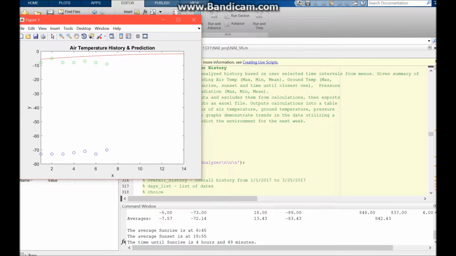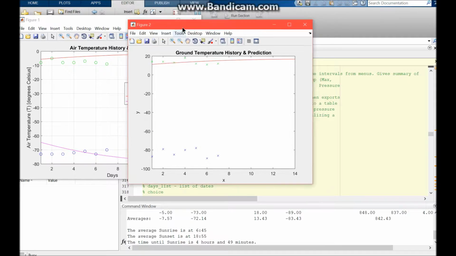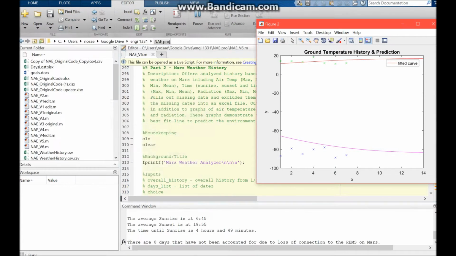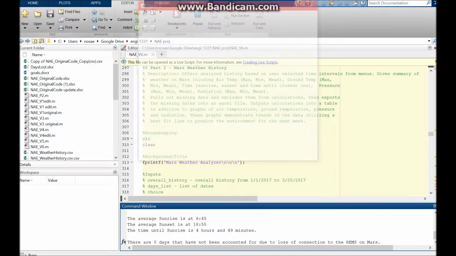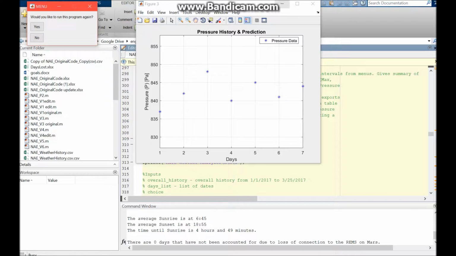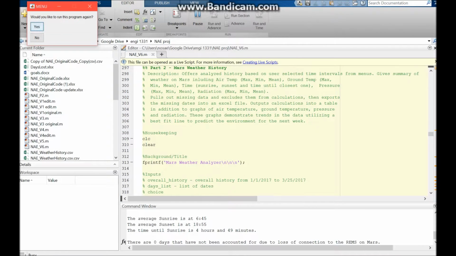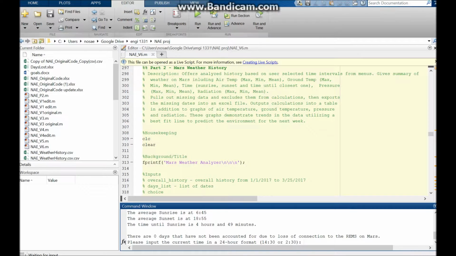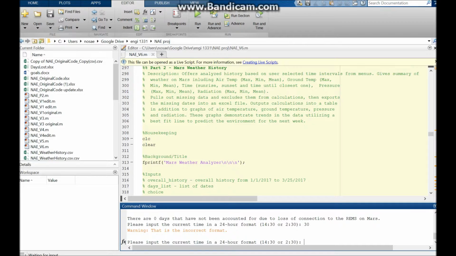Here are the graphs for air temperature, for the ground temperature, for the radiation, and for the pressure. And the program asks us to run again, we say yes, and we put the value outside the limit to see what happens, and it gives us an error.